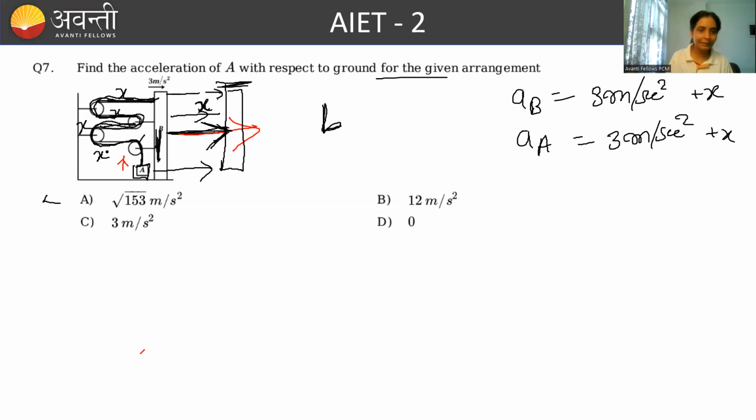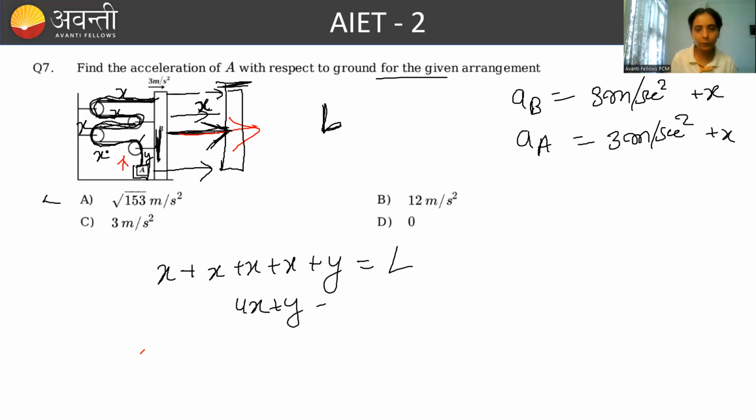है ना? And let's say that this distance is y. So the total length of the string will be x plus x plus x plus x plus y. This is equal to L. है ना? And this, how much x? 4x plus y equal to L. Now differentiate it. So 4 dx by dt plus dy by dt equal to 0. है ना?